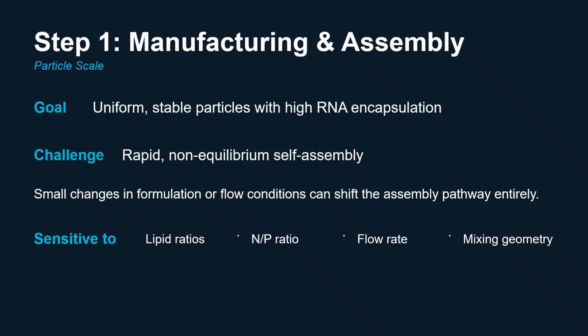It emerges during assembly and reflects how the process was run. So that's why manufacturing is not just a production detail. It is one of the main drivers of particle level properties.